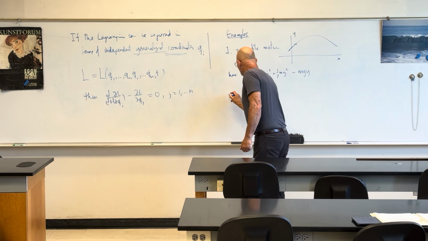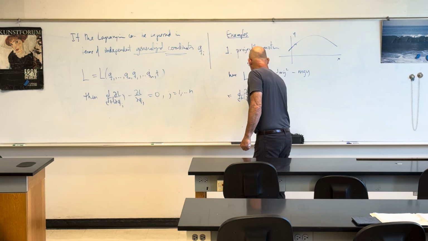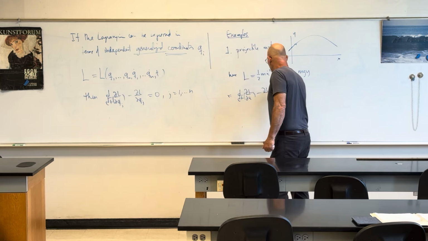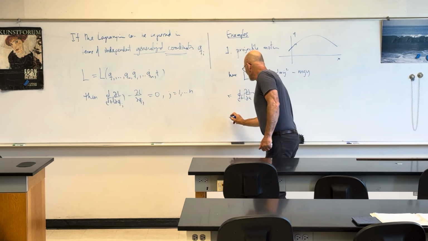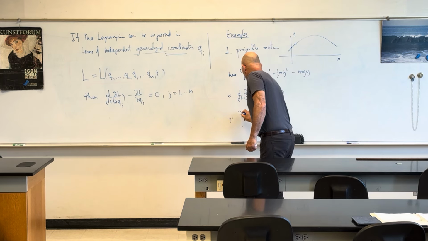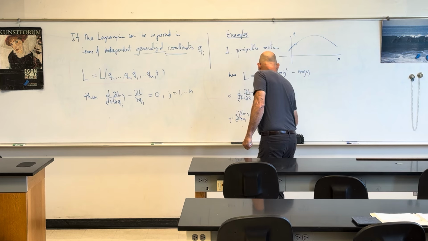One of them is going to be d over dt, let's get practice here, partial L over partial x dot, minus partial L over partial x, equals 0. And the other one is going to be d over dt partial L with respect to y dot, minus partial L with respect to y, is equal to 0.